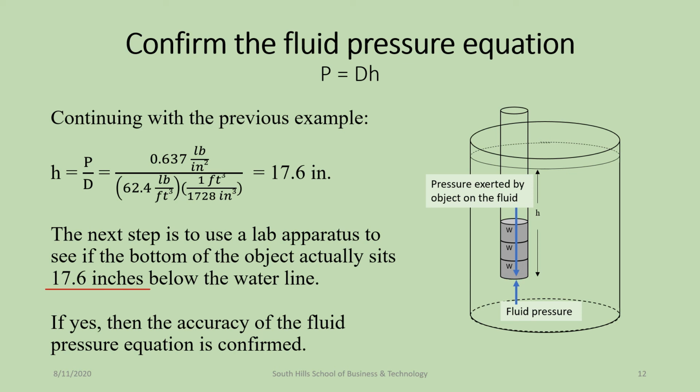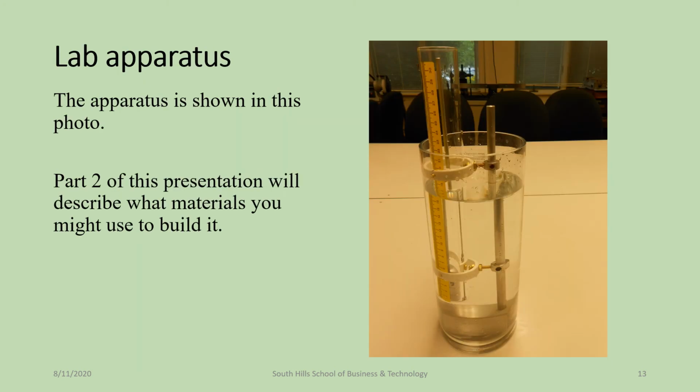If it does, that means the accuracy of the fluid pressure equation is confirmed. Here's the apparatus we're using, and the next video, part 2, will describe all the different parts and how you might put this together. And there is a lot of flexibility to change the weight of this floating cylinder.